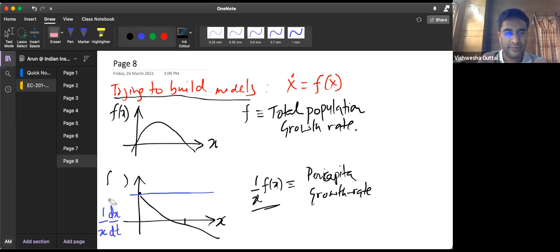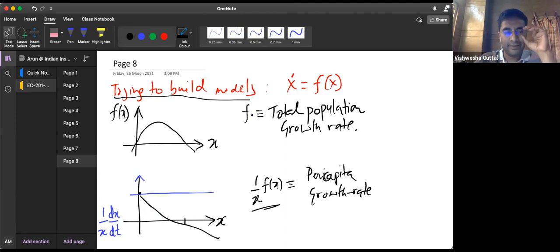Not this. I wouldn't maybe even do this. Plot this as a function of x, and once you have done, you multiply this function by x. That will give you f of x. Any questions on this distinction between population growth rate and per capita growth rate?